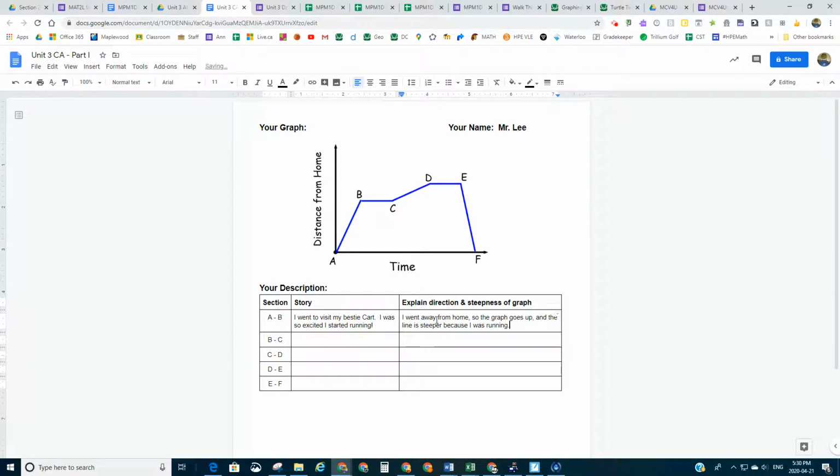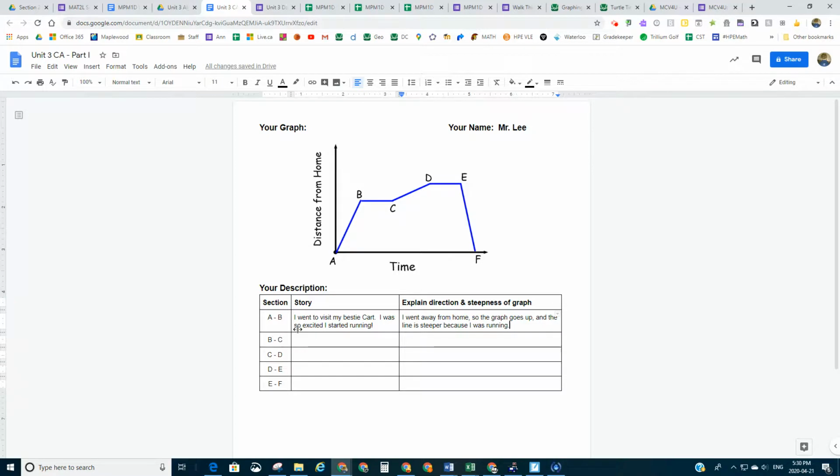So I have described the direction of the graph, so it's gone up, and the steepness because I was running. Okay? Now, you may choose a very different scenario. Maybe you're going to talk about driving. Okay, so you drove really fast, and therefore your story might be a little bit different, but the math should sort of represent the same thing.